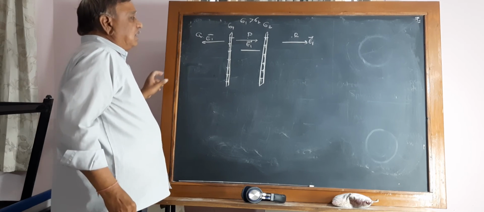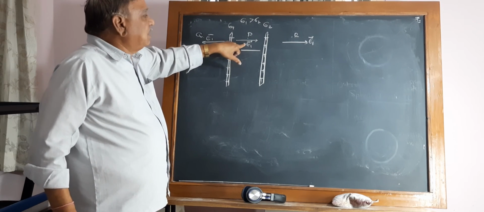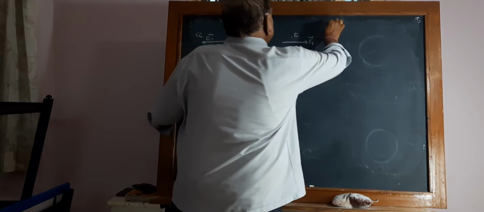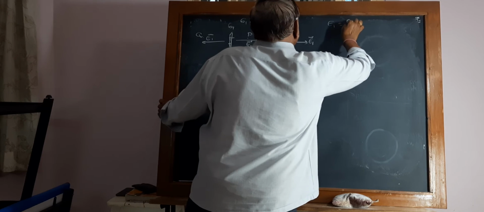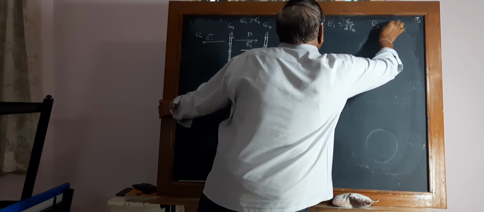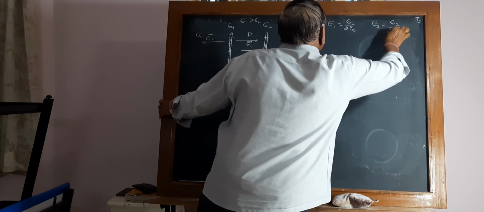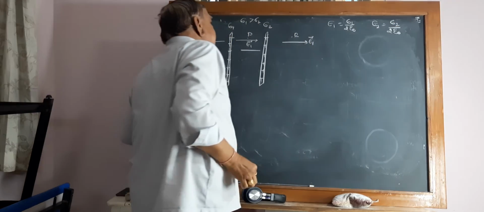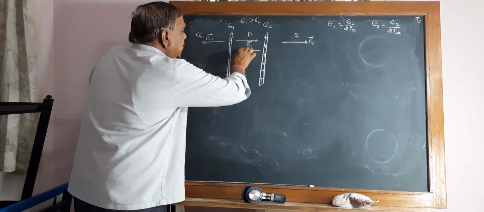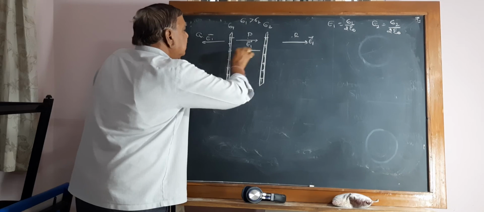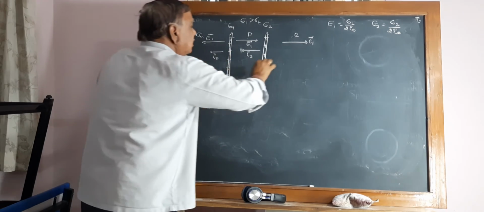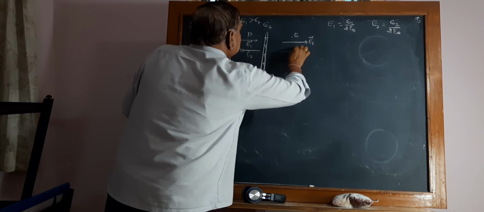Then field E1, in magnitude, is equal to sigma 1 by 2 epsilon 0. E2 is sigma 2 by 2 epsilon 0. Here the magnitude is this. Also here this E2, and here also this E2.